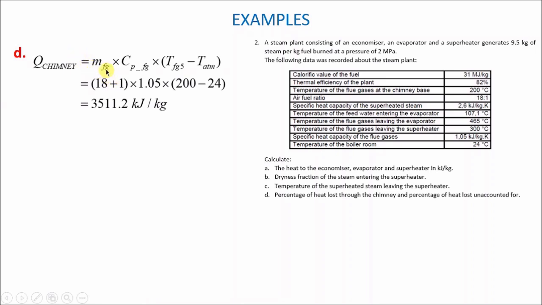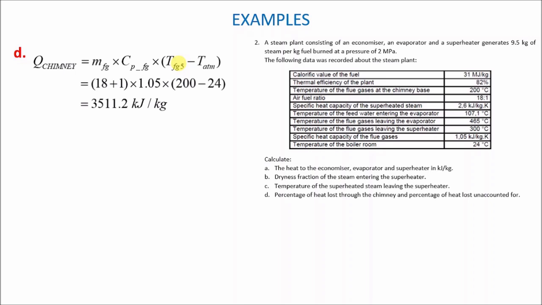If you look at the diagram for the flow of the flue gas, you will see that you need to find the temperature. Of course, you have the mass of the flue gas multiplied by Cp of the flue gas, and then multiplied by the temperature at the exit of the economizer, or at the base of the chimney, which is the same place, TFG5, or TFG4 if you don't have an air heater.